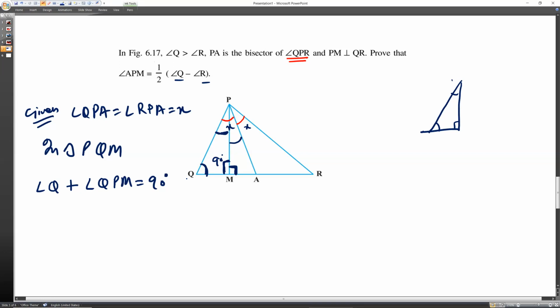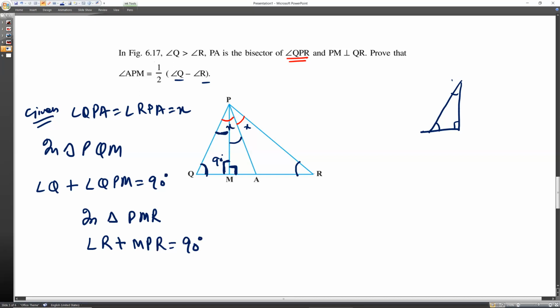Yes. Now similarly, in triangle PMR, take triangle PMR. Take this triangle. Okay. So when you take this triangle PMR, you will find that angle R plus angle MPR is also equal to 90 degrees.